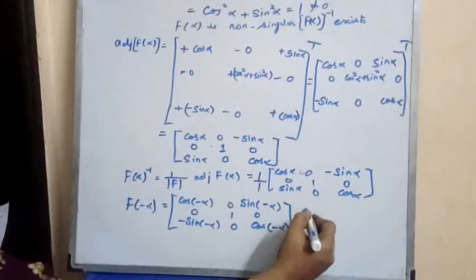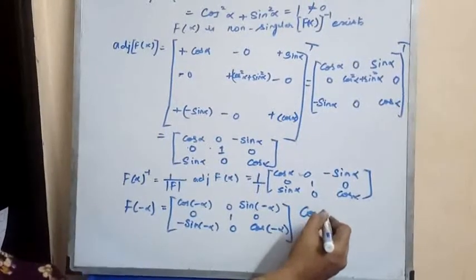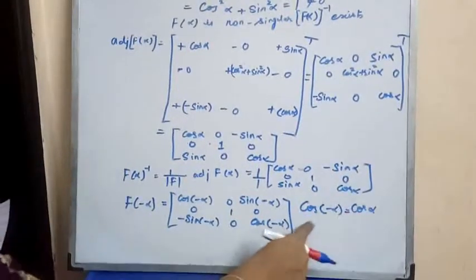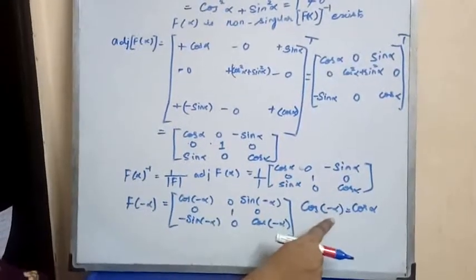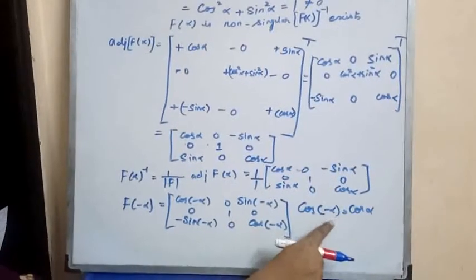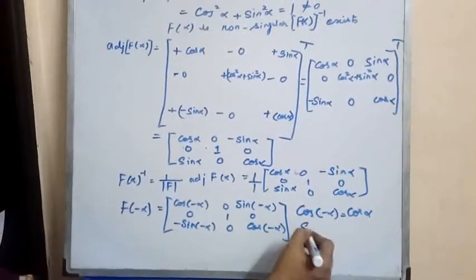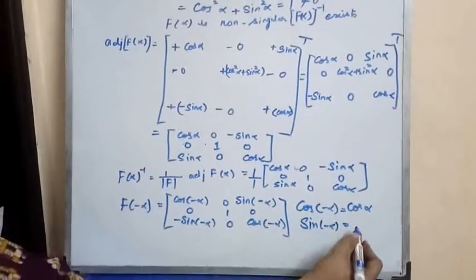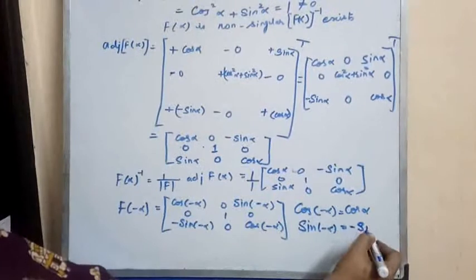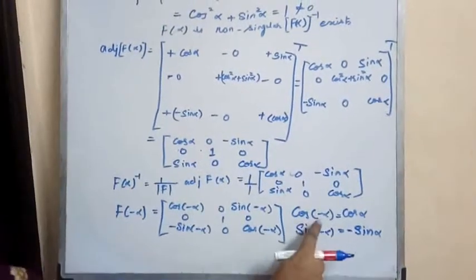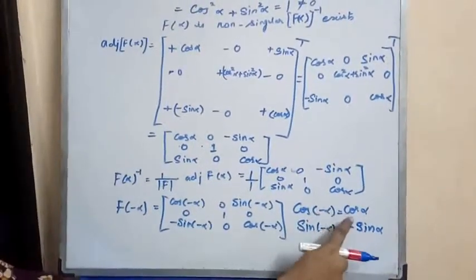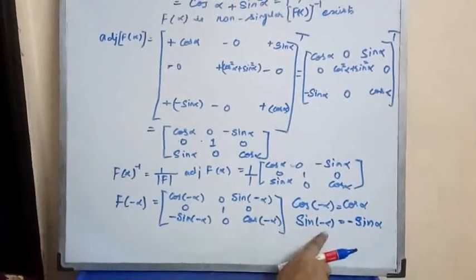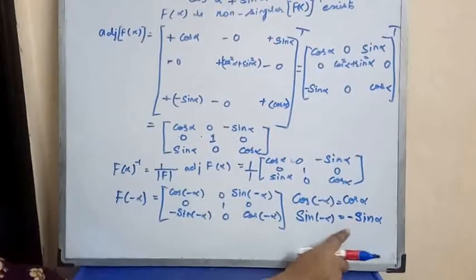So we have to know one thing, that is cos of minus alpha is equal to cos alpha, because cos function is an even function. Sine of minus alpha, sine function is an odd function. So minus sine of alpha. When you are having cos of minus alpha, the negative sign will not come. When you are having sine of minus alpha, the negative sign will exist.